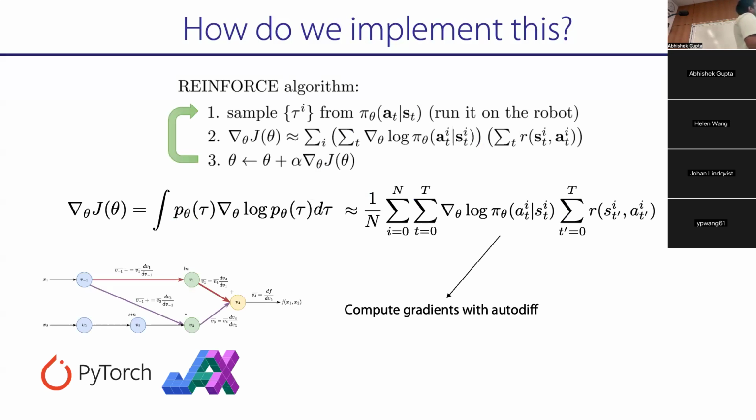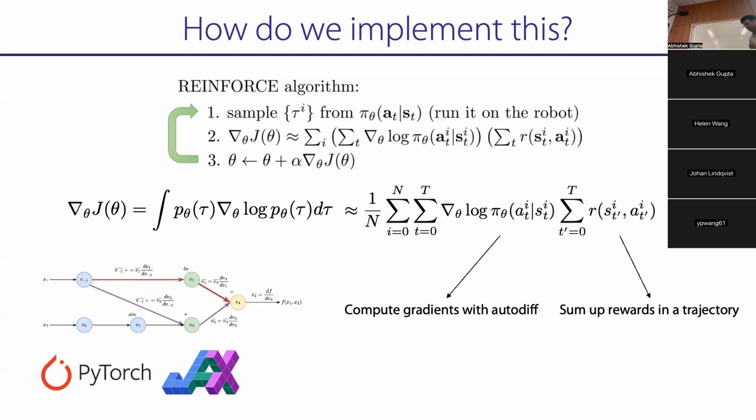Okay, good. So how do we implement this? Well, we're going to take our objective, which is the average of sum of grad log pi times sum of rewards. I really have to fix these brackets. But sum of grad log pi times sum of rewards, right? That's our expectation. We're going to compute the gradients. You're not going to write it by hand, even though you could if you wanted to, but you're just going to compute them with autodiff.